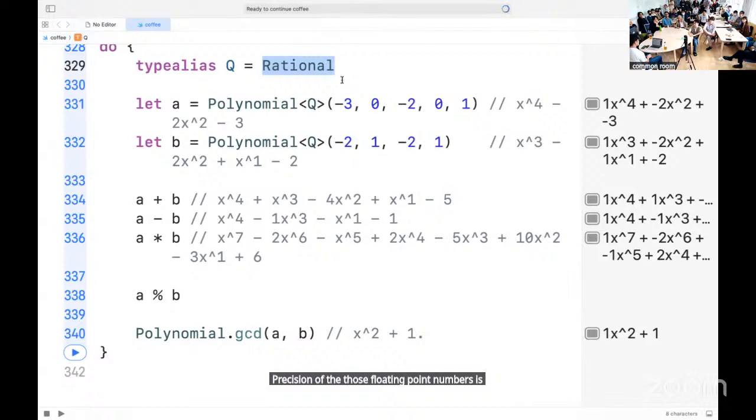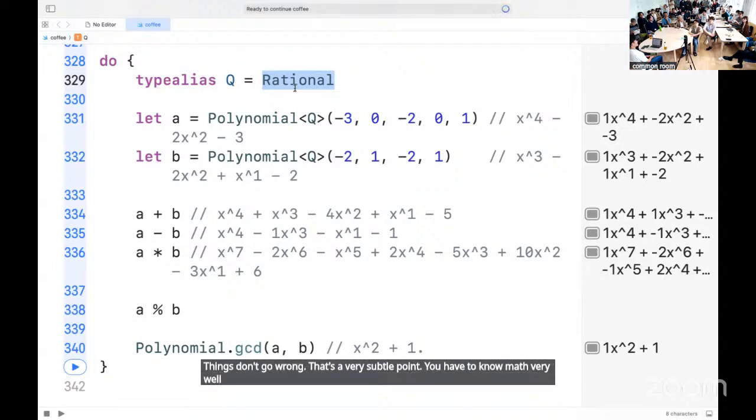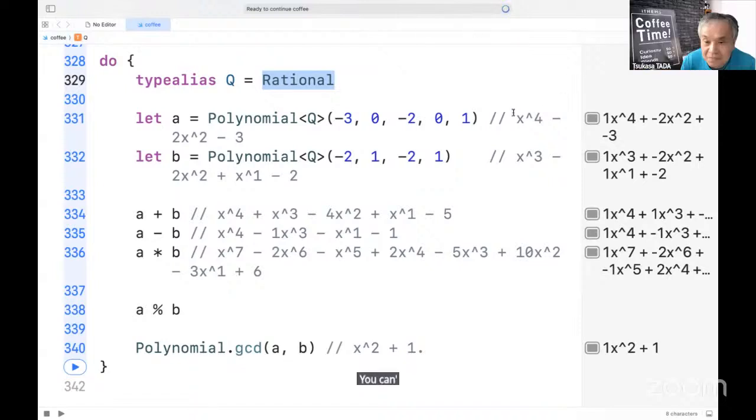So in order to do exact computations, we have to choose the right mathematical structure, so things don't go wrong in programming. That's a very subtle point. You have to know math very well, and also how computers work very well.